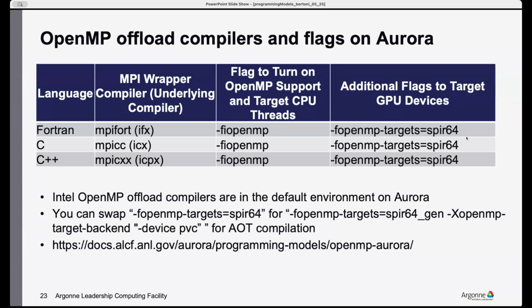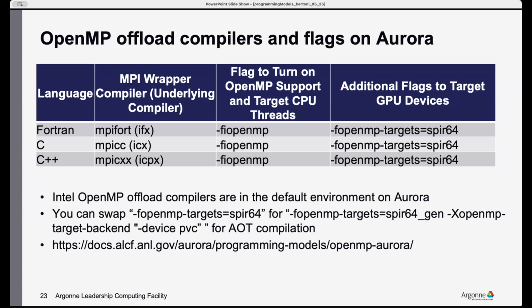One comment is that by default, the GPU flags do JIT compilation. That means at compile time, you only compile the offload regions to an IR, and then at runtime, the first time you hit a target region, it will take the IR and compile it to binary. So you'll have maybe a little bit of a performance hit at runtime, but a faster compilation time.